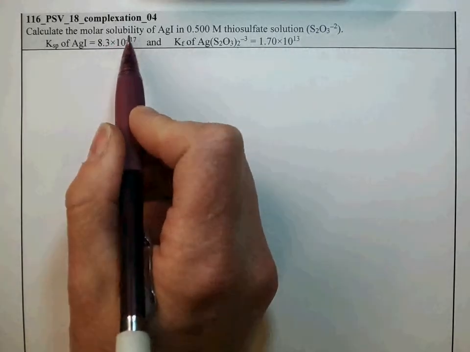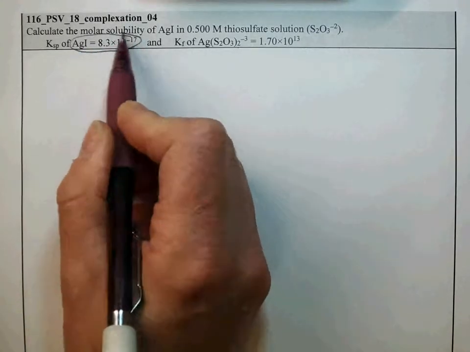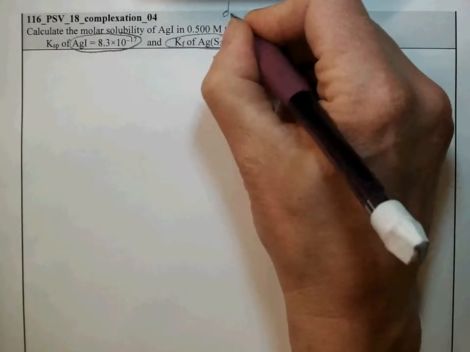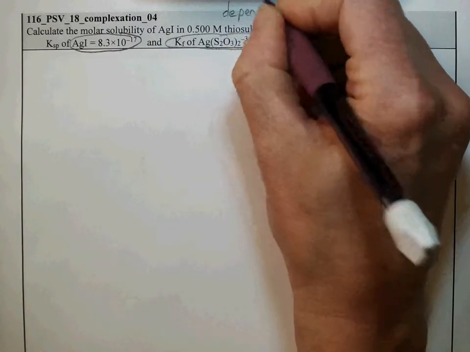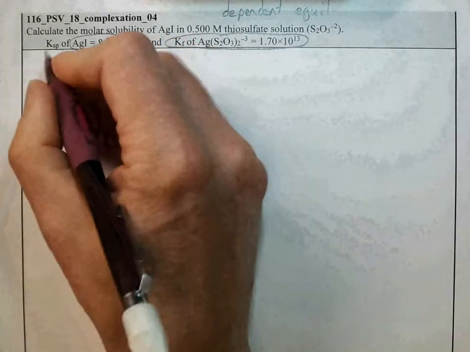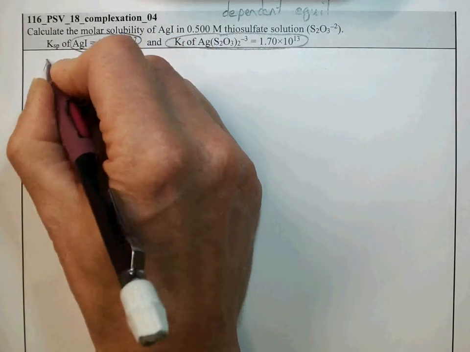Alright, we have the dissolution of an insoluble salt, which is aided by the formation of this complex ion. So we know that what we have is a dependent equilibria. First we have to dissolve the soluble salt.